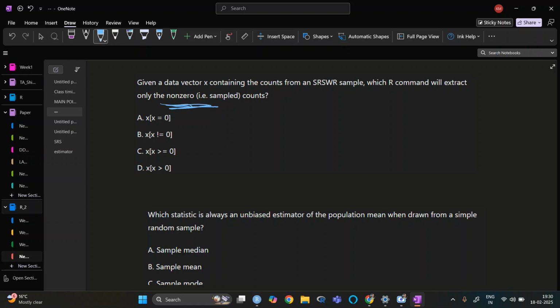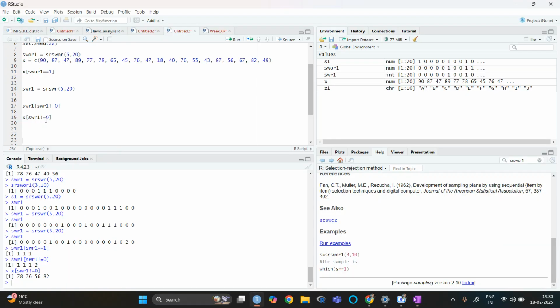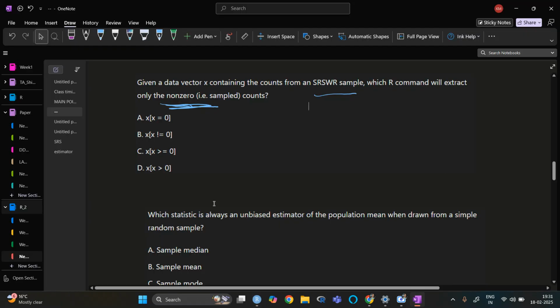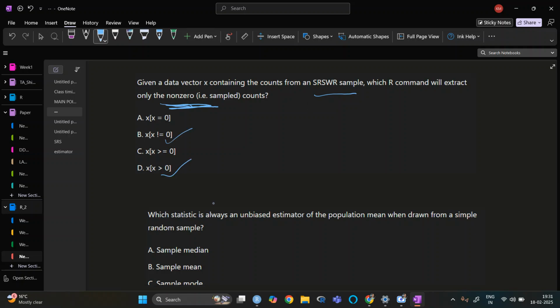Okay, so in SRSWR, what we have seen here is that we take x not equal to 0. If it is not equal to 0, then zero cannot come. So this one is the correct answer, and this one is also a correct answer when we are talking about a sample.